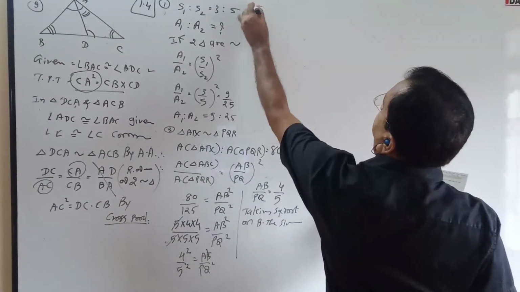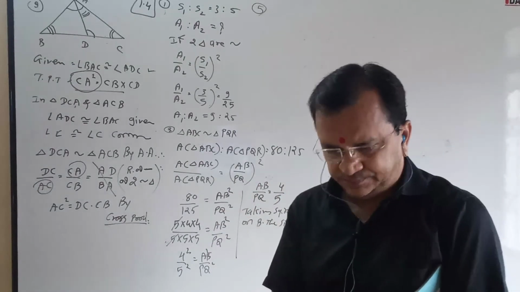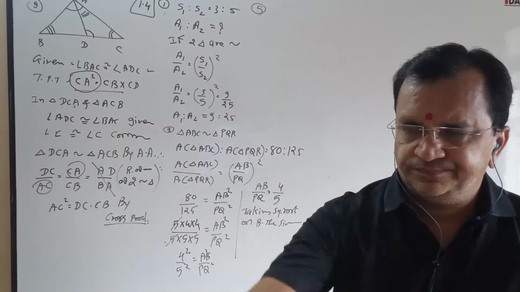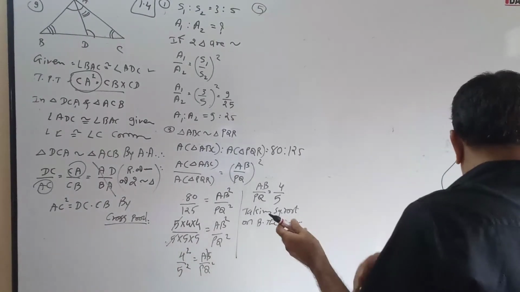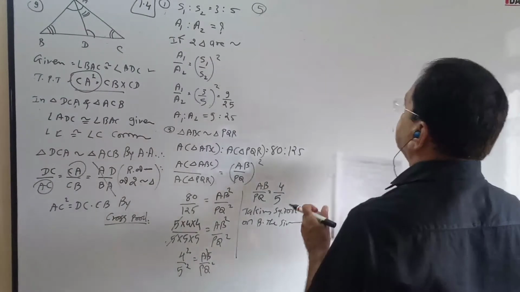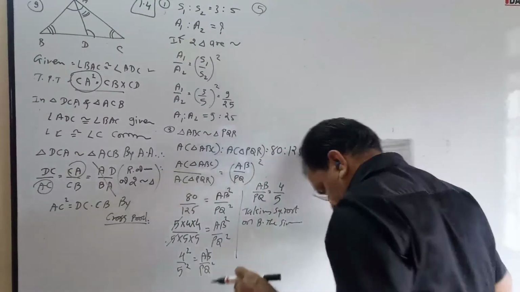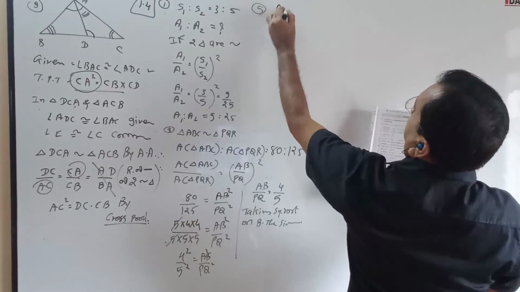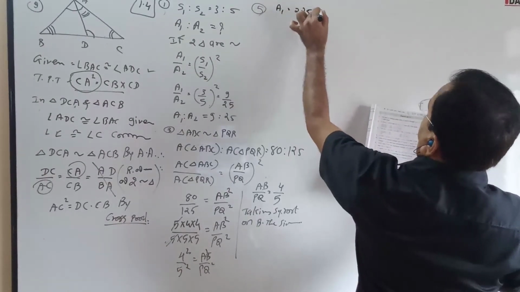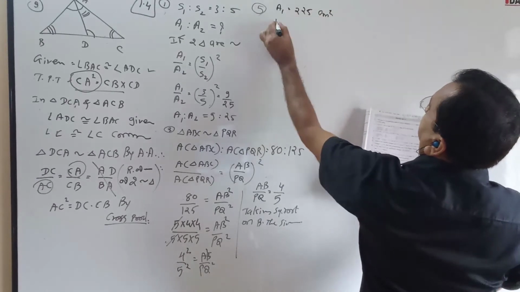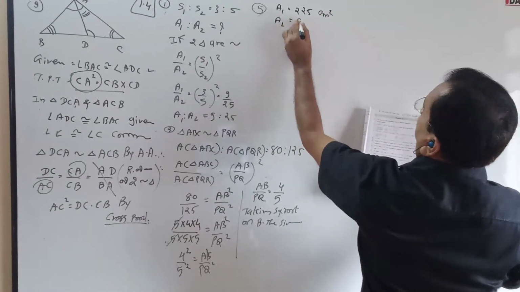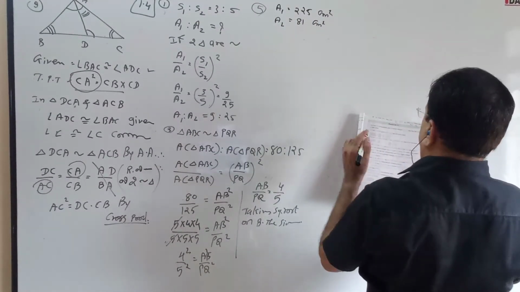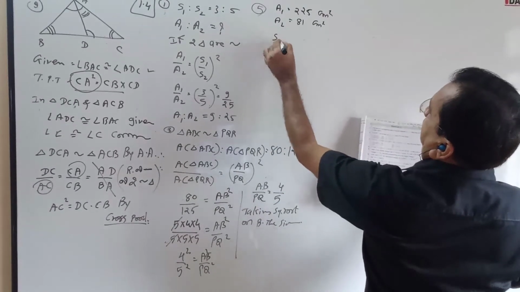Now, area of two similar triangles. Area 1 is equal to 225 centimeter square, area 2 is equal to 81 centimeter square. Smaller side S1 is given in the question.